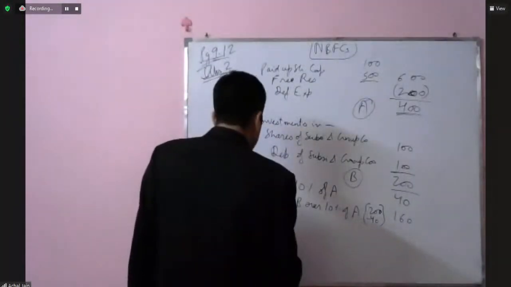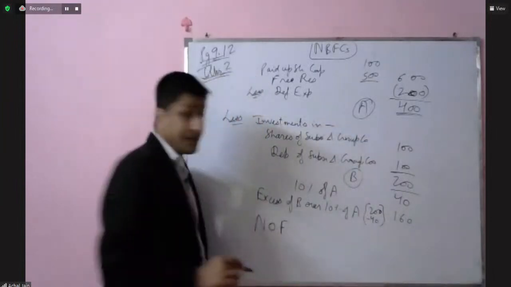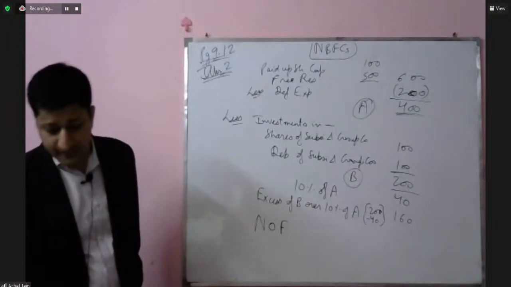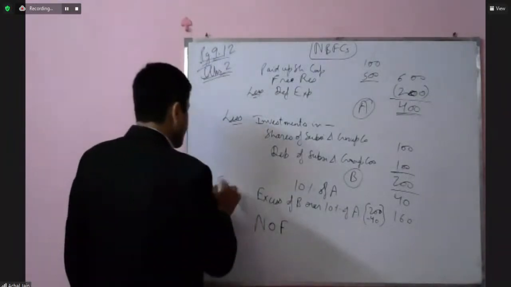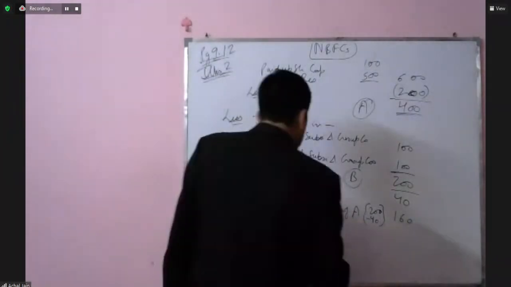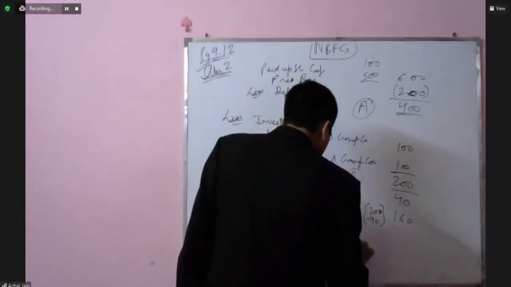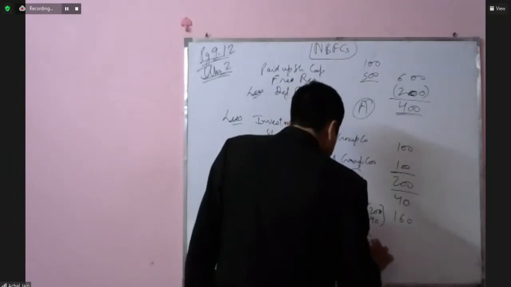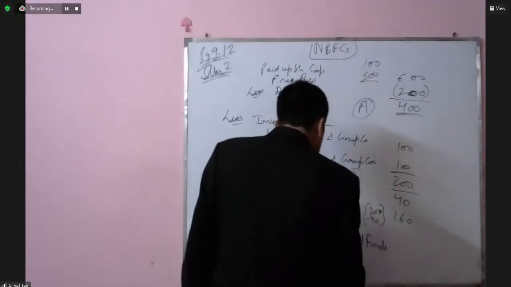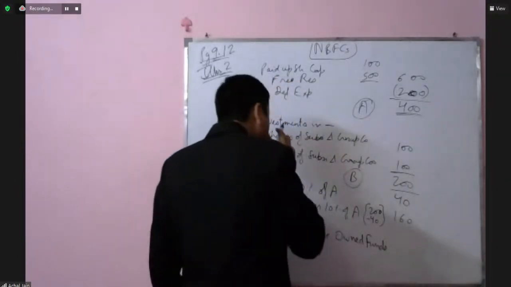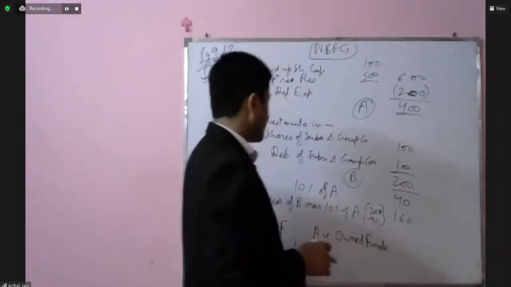Now, what will be the net own fund? Net own fund means A minus C. This is C for us. A, that is own funds, less C. So what is A? 400.